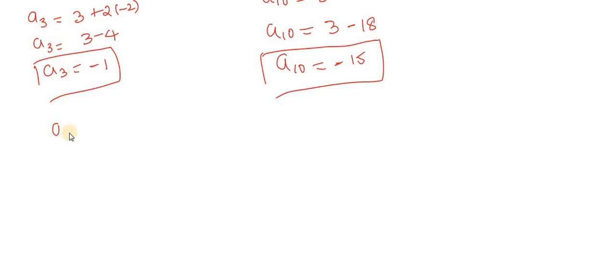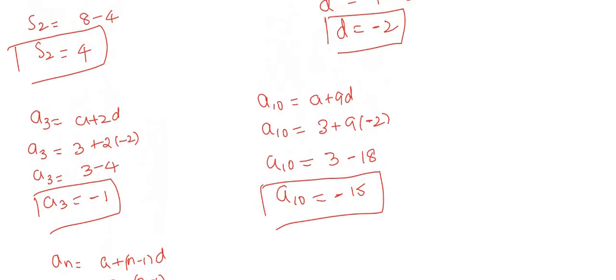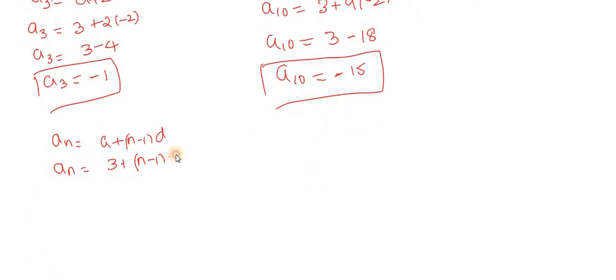We know that An is equal to A plus n minus 1 into D. A is 3, n we don't know, and the D value we just found is minus 2. Replace D with minus 2.